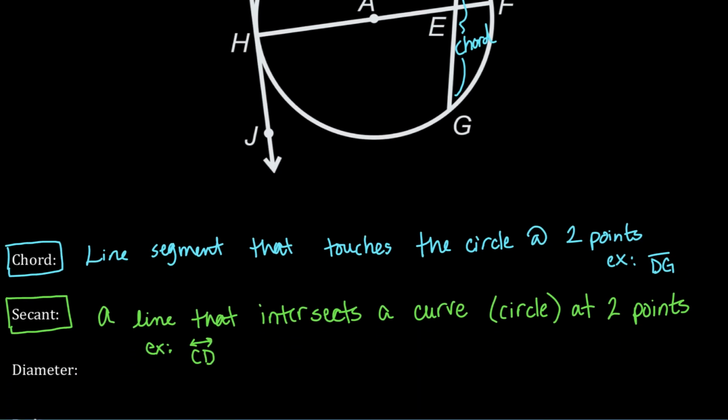And let's do a diameter. A diameter is, we'll say, a special chord. Let's do this one in pink. A special chord that goes through the center.